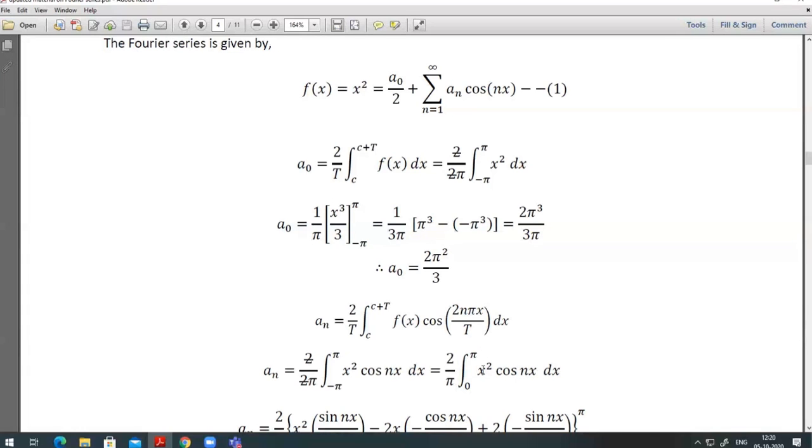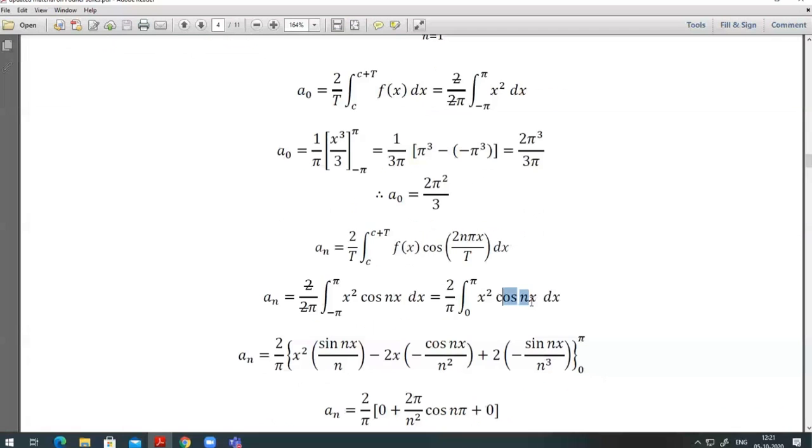Now as we said, we can apply the by parts rule or Leibniz rule here. So first function into integration of second function, minus derivative of first function into integration of the already integrated function, like that we need to integrate this. So we take 2 by pi, first function x square, integration of cos nx is sin nx by n, minus derivative of x square is 2x and integration of sin nx is minus cos nx divided by n.